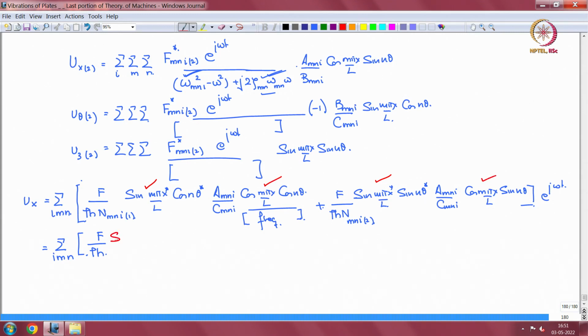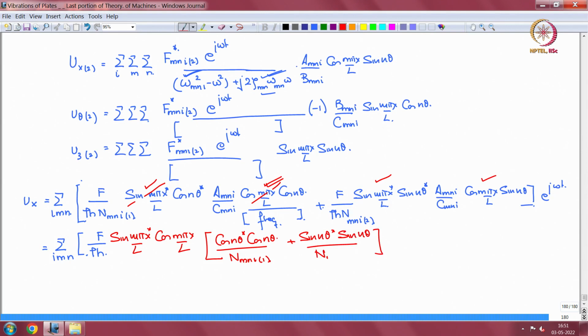So we have sine m pi x star by L, this is used up, then cos m pi x by L, this is used up, and inside I have cos n theta star, cos n theta, divided by n m n I 1 plus sine n theta star sine n theta divided by n m n I 2, and the harmonic frequency term.